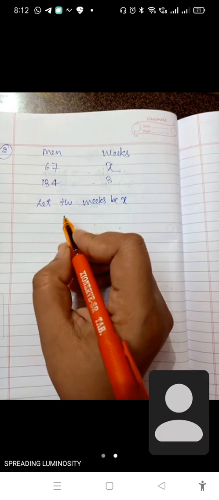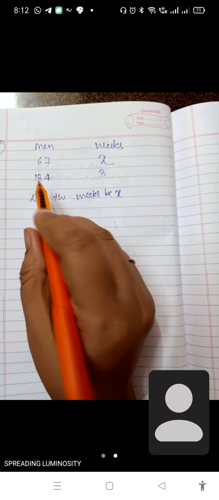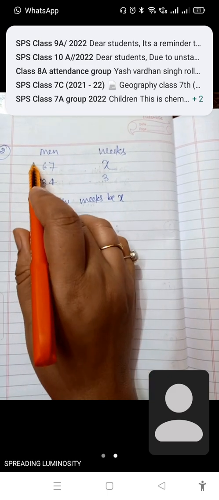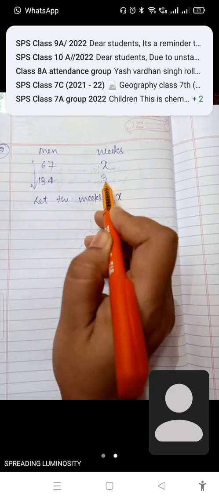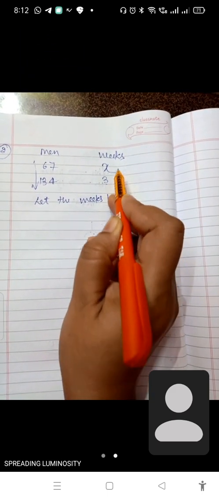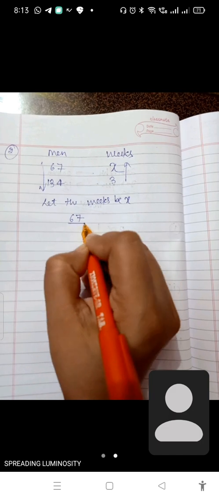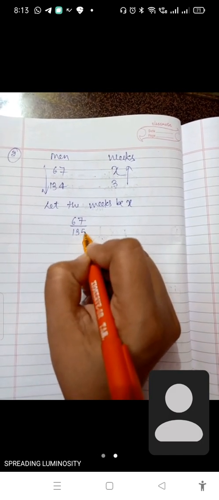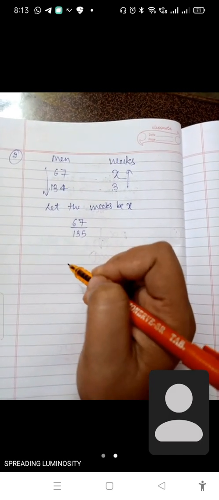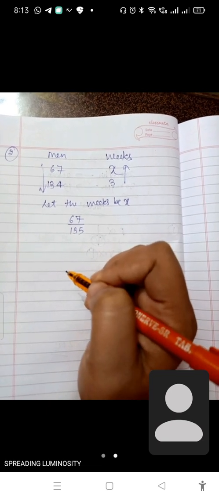Okay, fine. It is in inverse proportion. When we increase the number of men, then we see that the number of weeks decreases. So it is inverse proportion. In case of inverse proportion, as I have explained in the previous exercise, we write the numbers in form of ratio or in form of fraction.